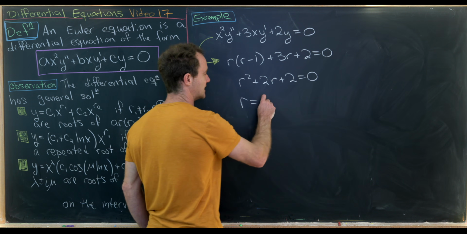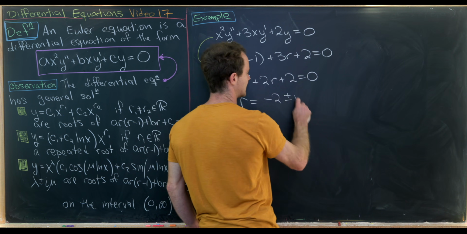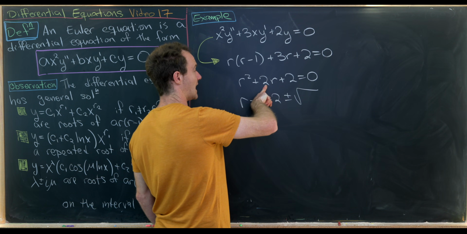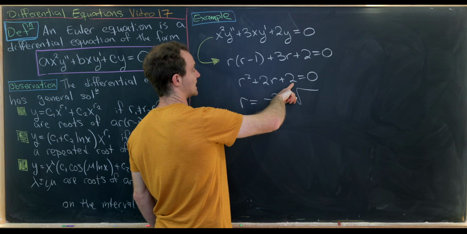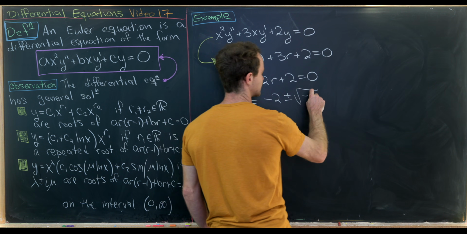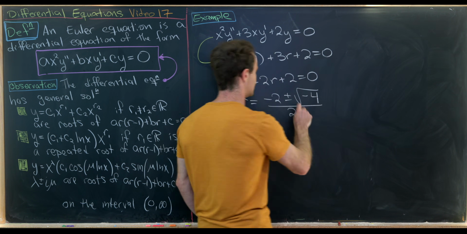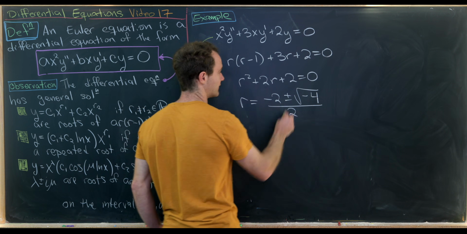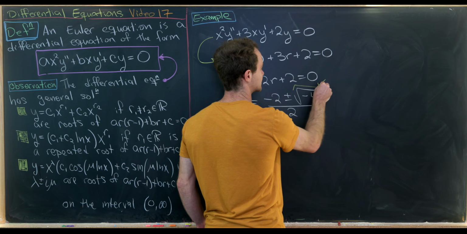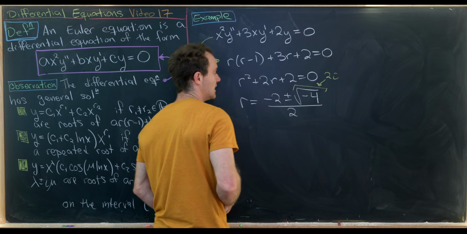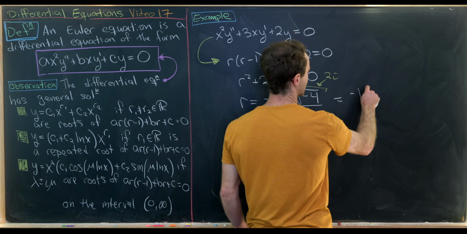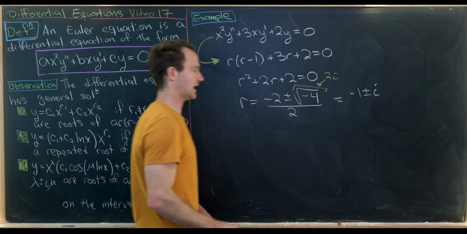So we'll have negative b, so that'll be minus 2, plus or minus the square root of 2 squared minus 4 times 2 times 1, so that'll give us negative 4 in the end, and then this is all over 2. Okay, so the square root of negative 4 is equal to 2i, and then dividing the 2 out will give us negative 1 plus or minus i.